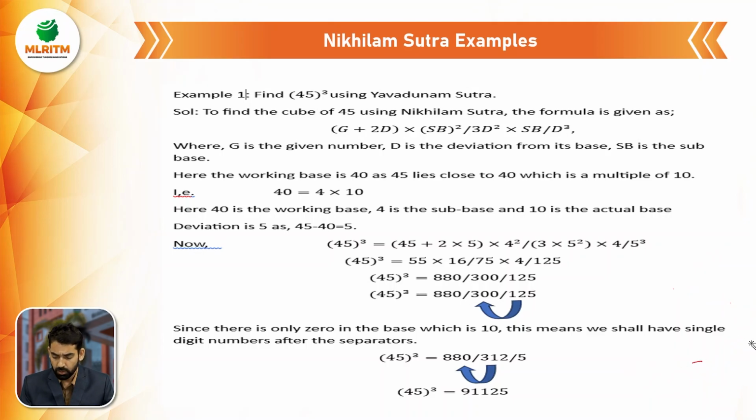Now you see here we have 880 slash 300 slash 125. As I have already told you, to the right of this separator, if we have more than a single digit number, we need to reduce it to a single digit number. So here we have a 3-digit number, here again we have a 3-digit number.